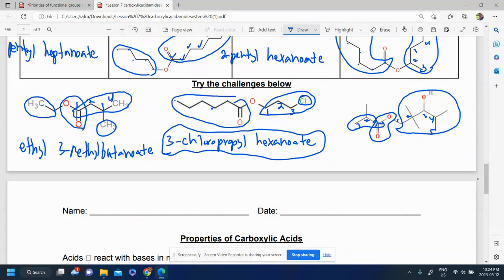So hydroxyl comes first, 3-hydroxy, and then 2,2,4-trimethyl. I'm running out of room here, so I'll just write below here. And I have to name my carboxylic acid part, so I have a 2-methyl, and then propanoate.